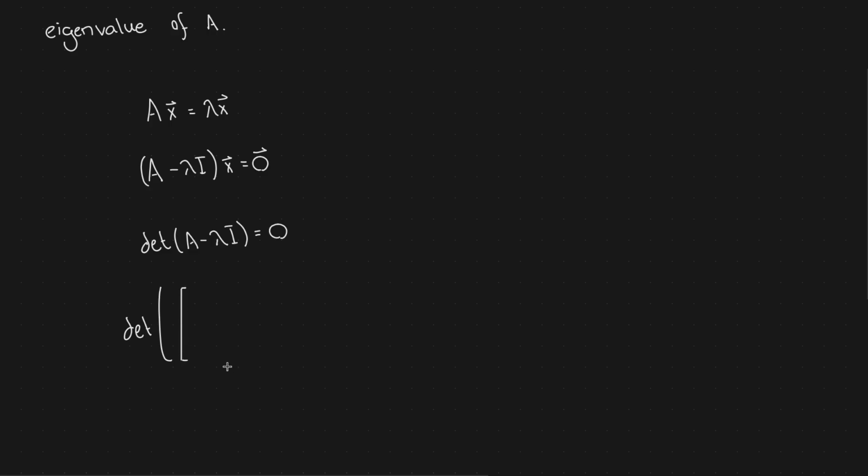So matrix A is the matrix 0, 0, 0, 0, 1, 1, 0, negative 1, 1. And then minus lambda I. Matrix I is the identity matrix, just has 1s on the main diagonal, 0s everywhere else. If I multiply by the scalar lambda, I'll just have lambdas down the main diagonal, 0s everywhere else.